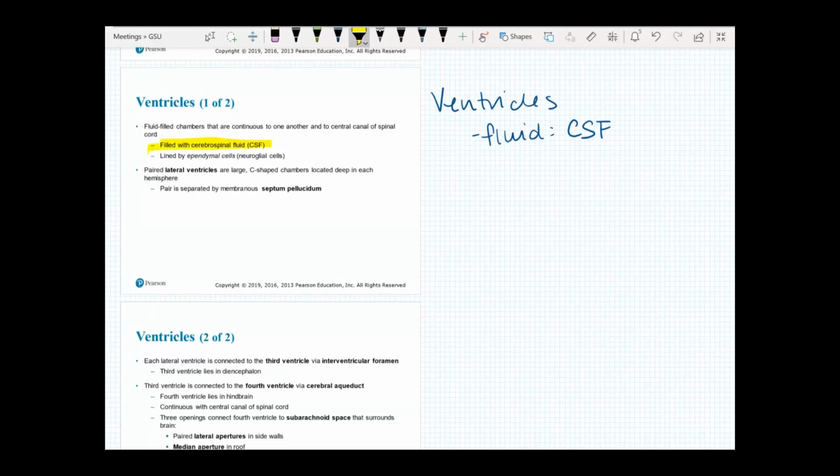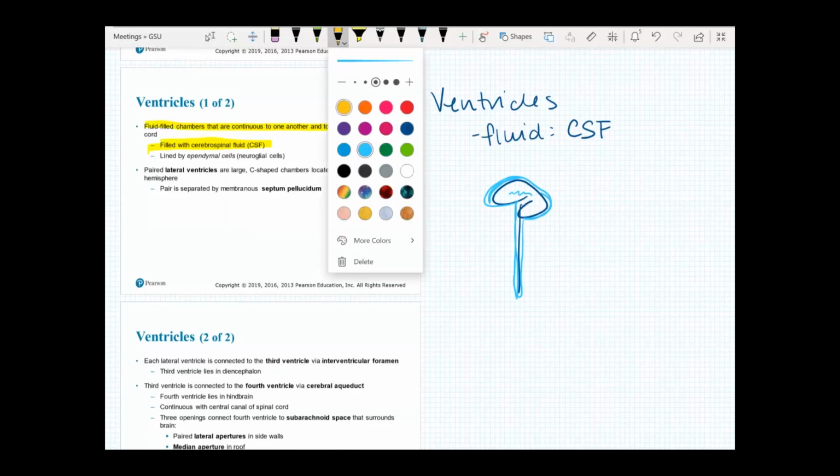And so these ventricles are going to contain this fluid. And basically, if this is my brain and my spinal cord, surrounding your entire brain and spinal cord, you will have fluid on the inside, and then all the way around on the outside, you will have CSF surrounding your brain and your spinal cord. So your ventricles are what's going to hold that liquid inside the brain.